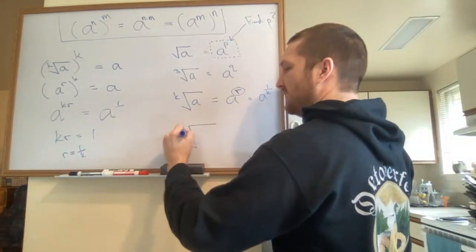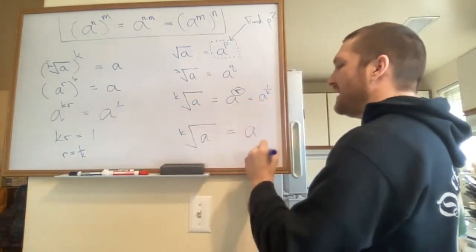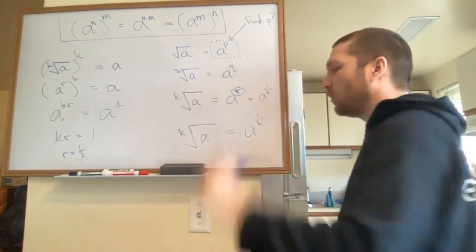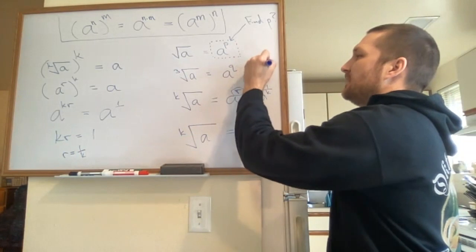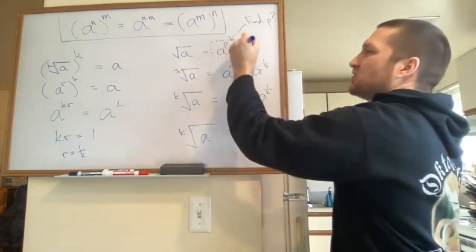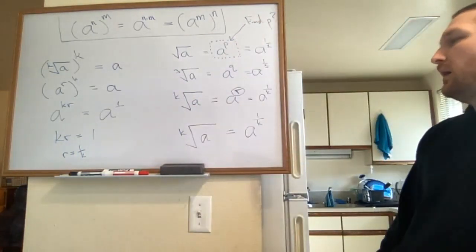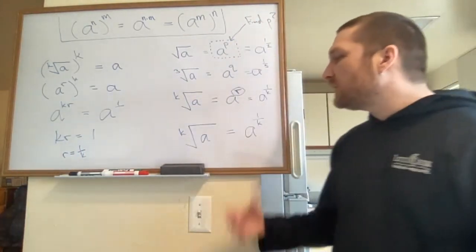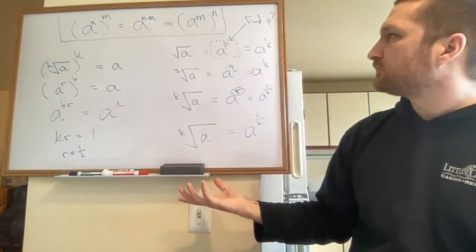It's that the root of any number is equal to that number to the 1 over whatever the root is. So the cube root is the same as a to the 1/3, the square root is the same as a to the 1/2, and so on and so on. And it's really the only way to make all of this consistent, right?